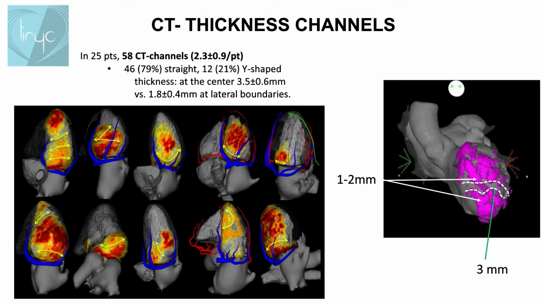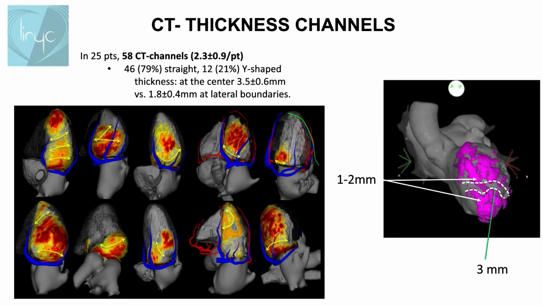And then you can run some interesting studies and start looking at statistics on the shape of these CT channels. And you see that most often they're straight. Their thickness at the center is 3.5 millimeters versus less than 2 millimeters at lateral boundaries.